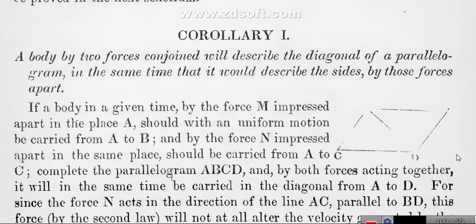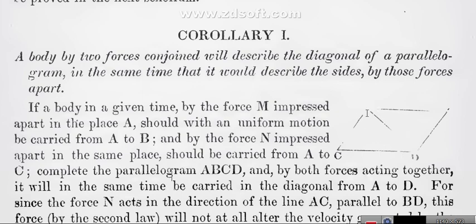So first of all, we don't need to think very complicated stuff. Let's think very simply. All Newton is saying is that he is basically trying to create this diagonal.